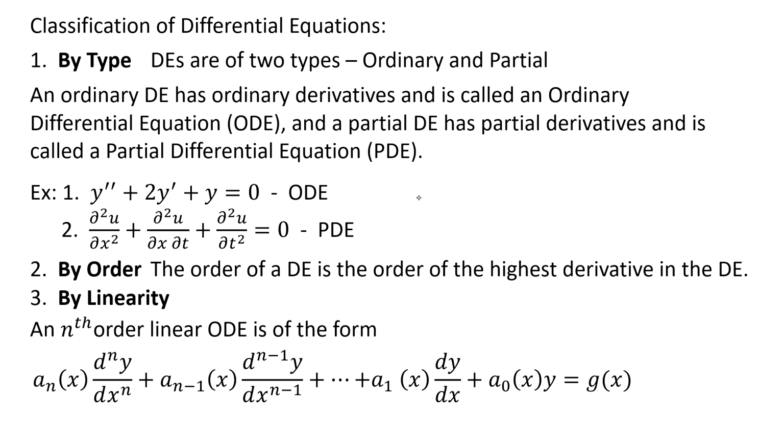No squares, cubes, nothing other than 1 as a power. Cool. That's the second requirement. Third requirement. Every derivative must be multiplied by purely a function of x. If a differential equation satisfies all those things, it's a linear differential equation.